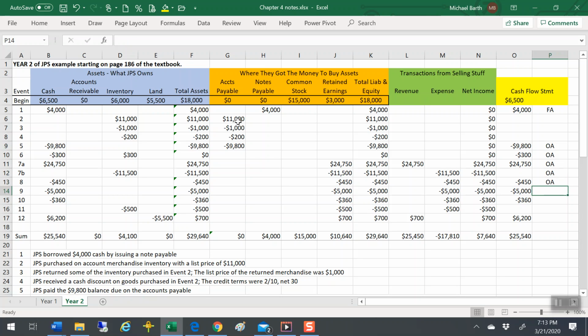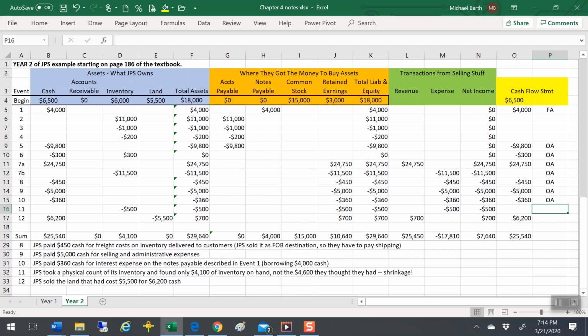The $5,000 SG&A we had to pay, operating activity. The $360 we had to pay to ship product to our customer, operating activity. The $500 that we had from inventory shrinkage, we're just going to call it an operating activity. Same thing as selling it for $0.